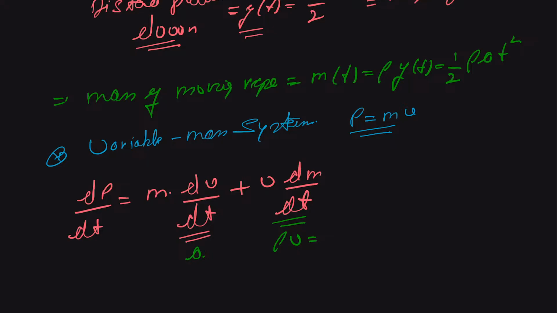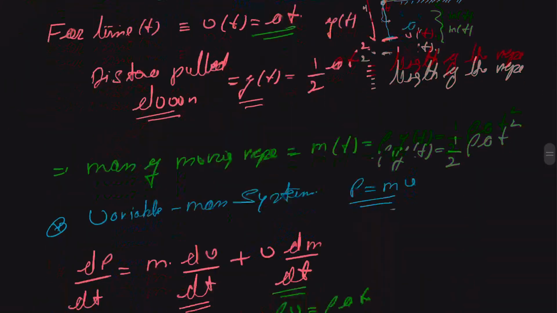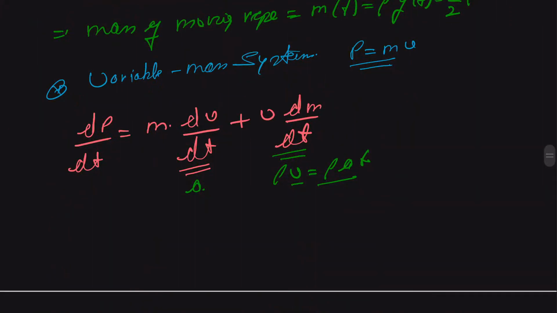Or we can say this is rho times a t, because we already know the velocity we just calculated is a times t.